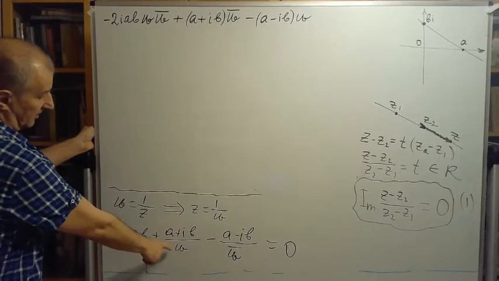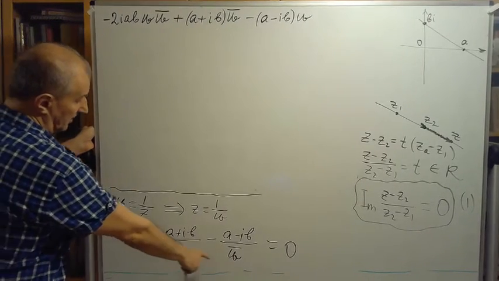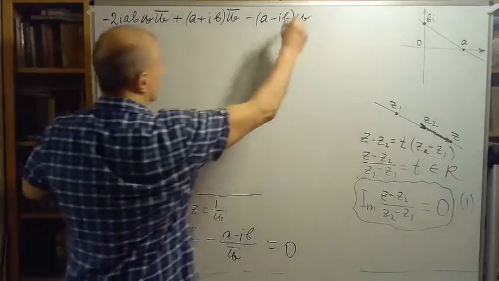Yes, we multiply it by W conjugate. W will be gone here. W conjugate will be gone here.